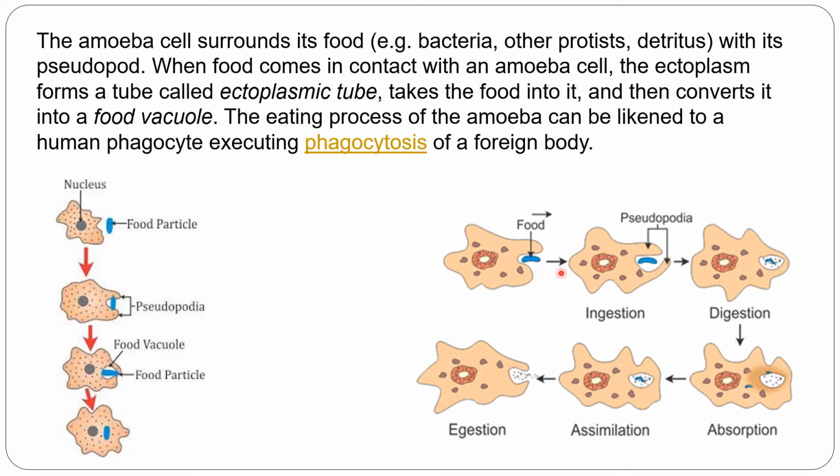When food comes in contact, the pseudopodia capture the food, which is ingestion, and then digestion occurs, then absorption takes place, then assimilation happens, and finally egestion takes place. So this is the mechanism of the feeding habit, or phagocytosis.